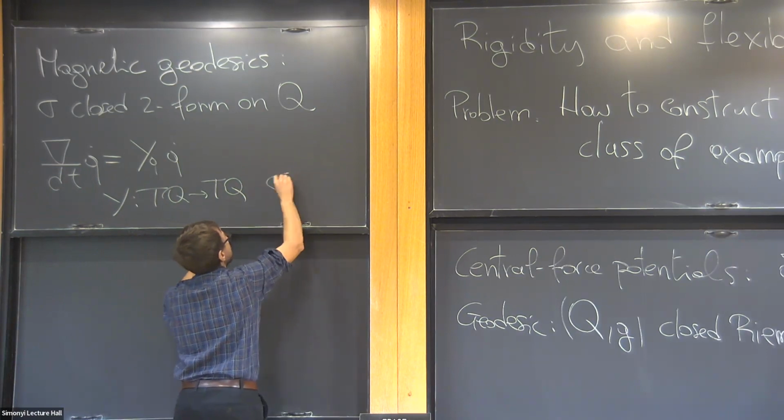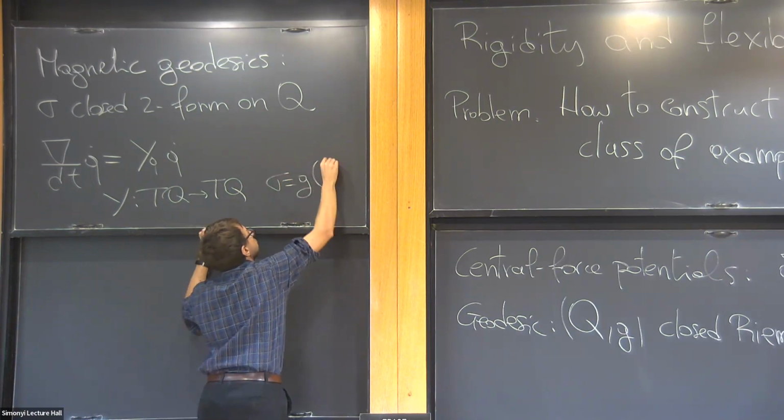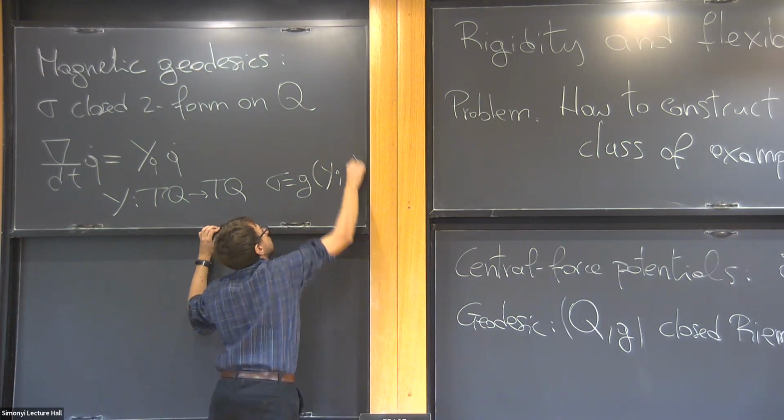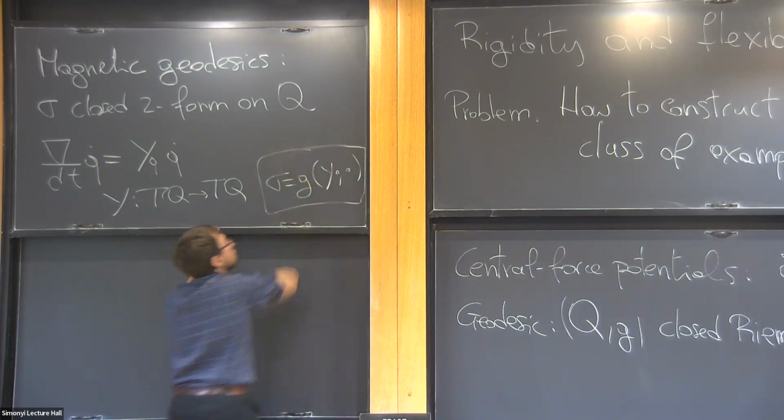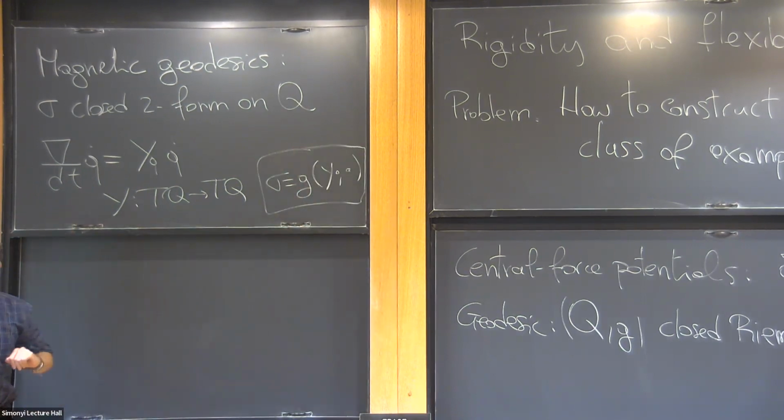If you take sigma, and then g, and insert Y inside, that is how you get your Lorentz force.